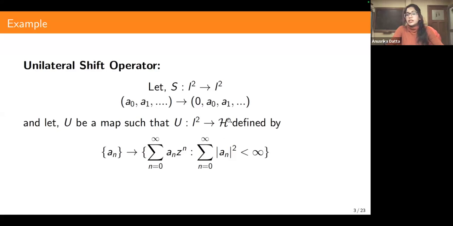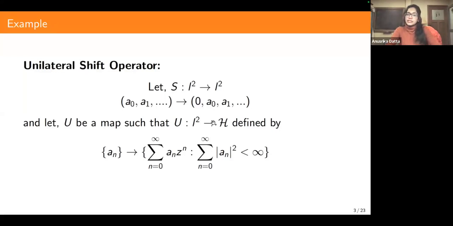Here specifically, we can think of the Hardy space. I know it's not a known space to all of you, but you can think of the Hardy space as a space of holomorphic functions where the coefficients of the power series are square summable.